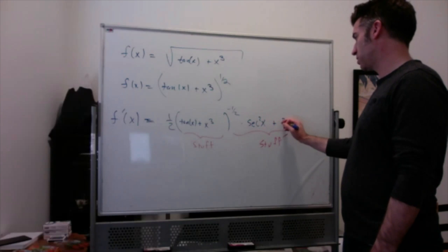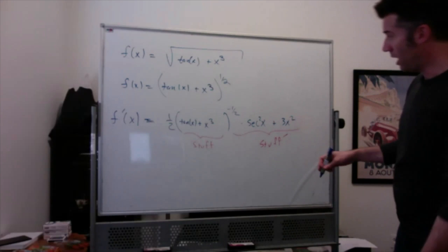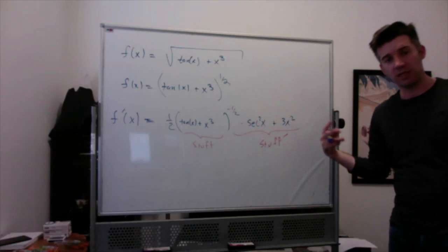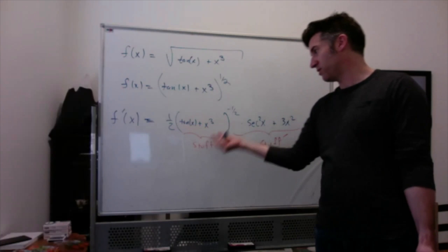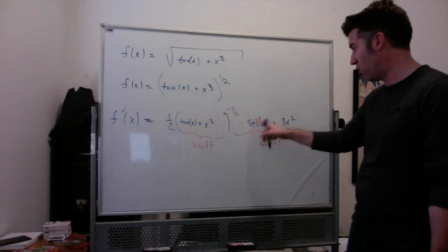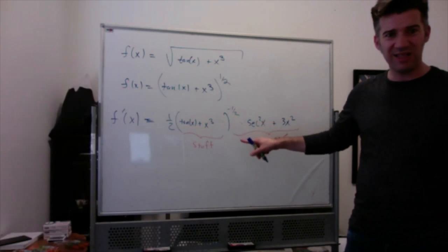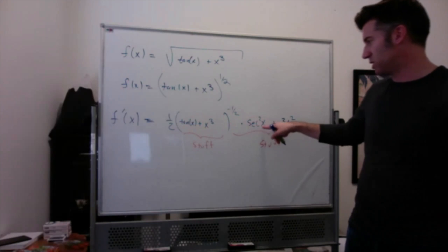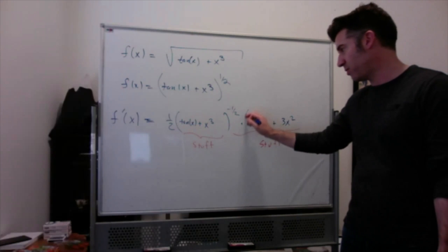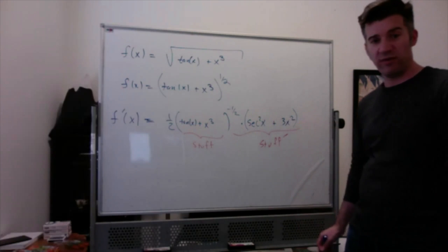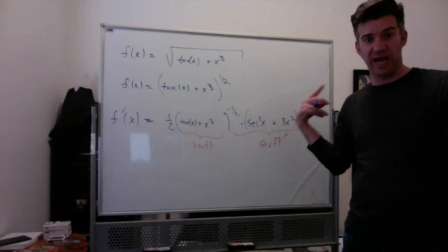Derivative of x cubed is 3x squared. If you write it like this, you're going to lose a point, at least if you're in my class, because it's 1/2 times my stuff to the negative 1/2 times the derivative of all the stuff. But if you write it like this, it looks like I'm just multiplying by secant squared x, and then after I multiply, I'm adding on the 3x squared. I have to put parentheses around the derivative of my stuff if there's more than one thing being added or subtracted together.